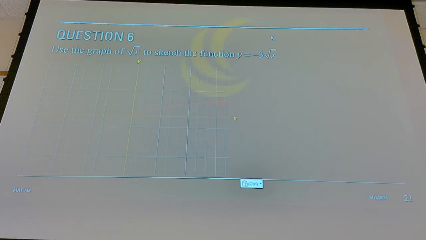And that's half right. It's a vertical reflection, which is across the x-axis. And then gets stretched by a factor of 3.